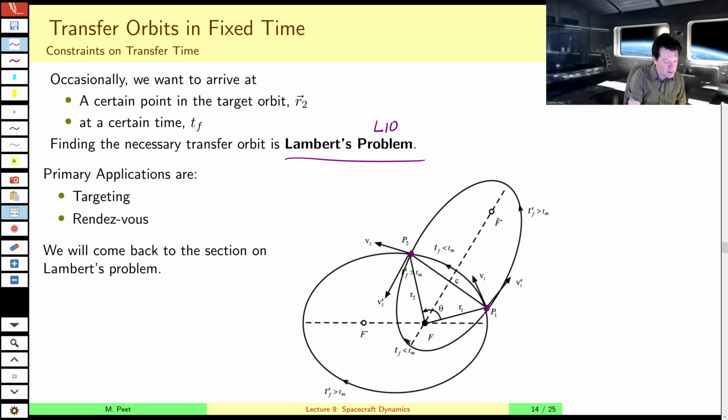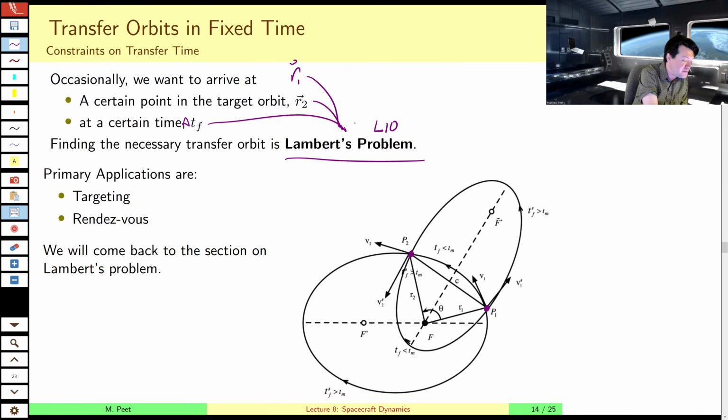That is Lambert's problem. We have an initial position, a final position, and a delta t. And those three items more or less uniquely define the transfer orbit.